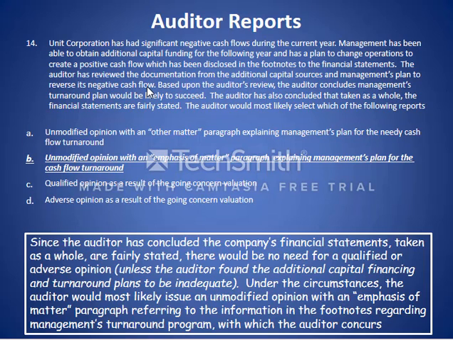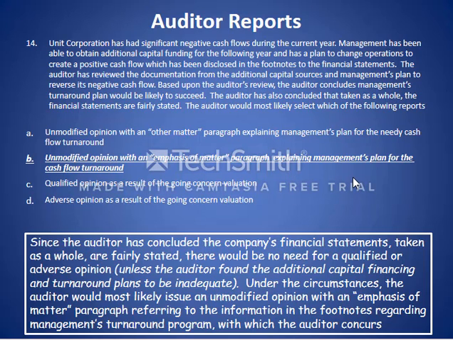As a matter of fact, the auditor believes that these plans will be successful. Under the circumstances, the auditor would most likely issue an unmodified report with an emphasis of matter paragraph referring to the information in the footnotes regarding management's turnaround program, with which the auditor concurs.